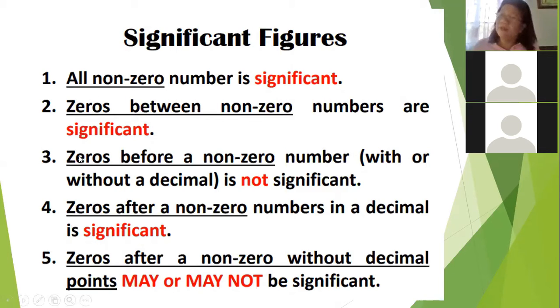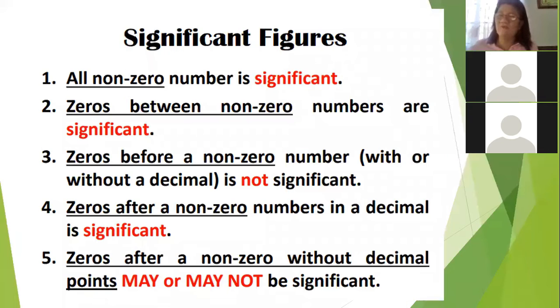Then rule number 3, zeros before a non-zero number, with or without decimal, are not significant. For instance, 102 point, okay, decimal 000. Those zeros there are not significant.